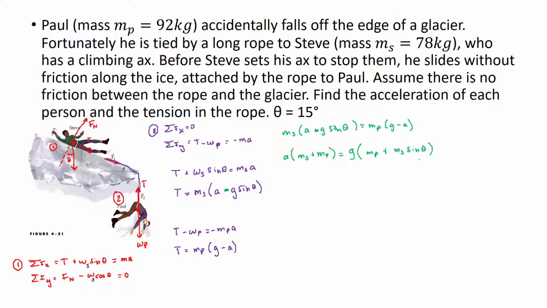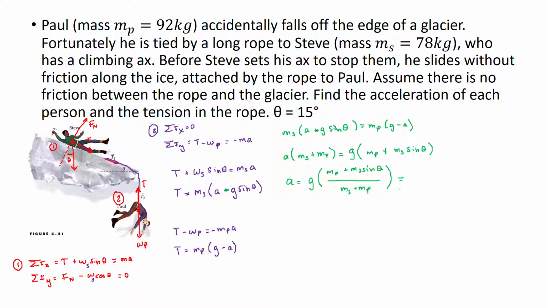Now we solve for a: acceleration is gonna be gravity times mass of Paul plus the mass of Steve sine of theta, over the mass of Steve plus the mass of Paul.